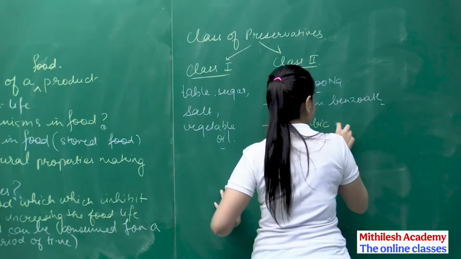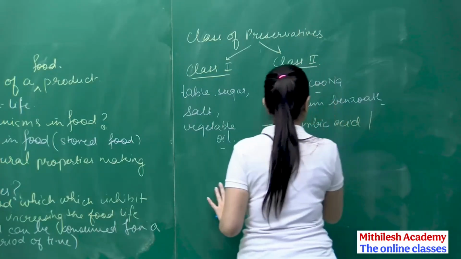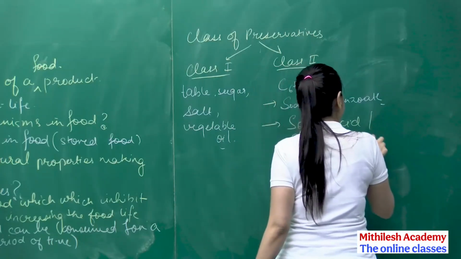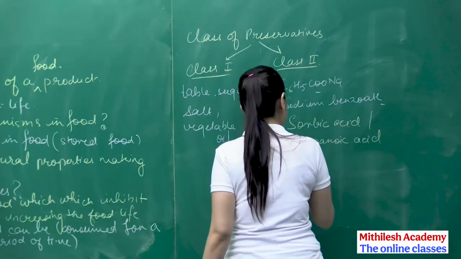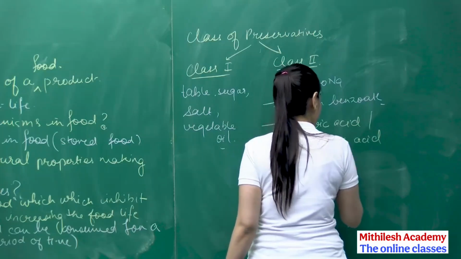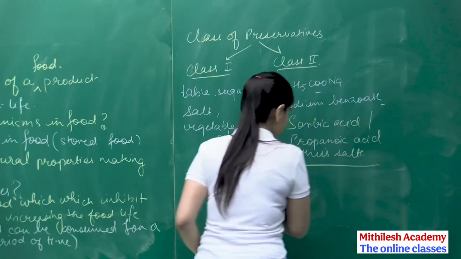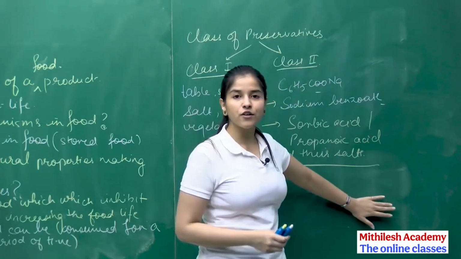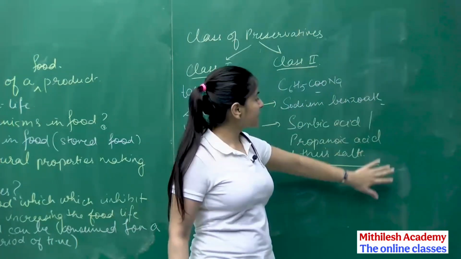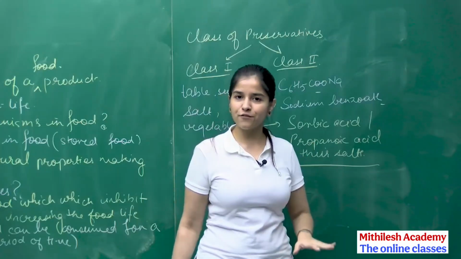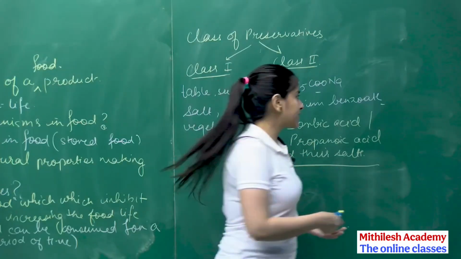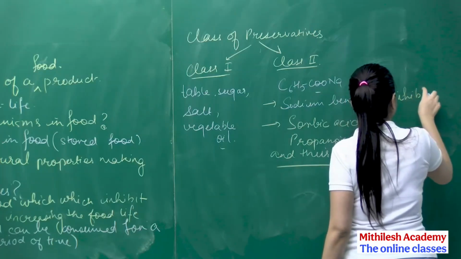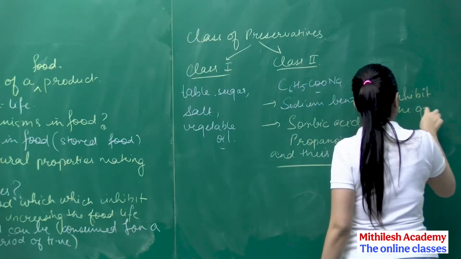Sorbic acid, propanoic acid, and their salts. Basically, where are they used? You need to find out about that. These are some of the preservatives that I have told you, and what they do is inhibit the growth of bacteria, again, inhibit the growth of microbes.